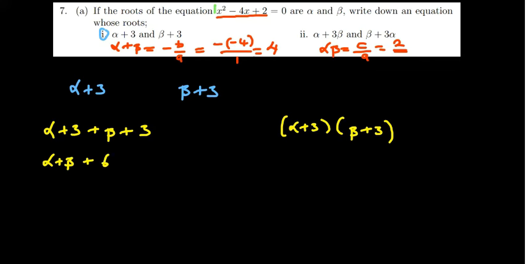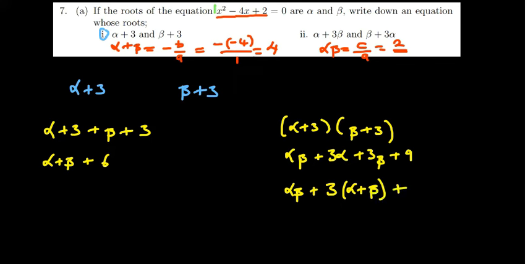So 3 plus 3 is 6. Then on that side, if I multiply, we're going to have alpha beta, and then 3 alpha, 3 beta, plus 9. So I'll factor out the 3 so that we've got alpha plus beta in between, and then plus 9. So we need to find the numerical values of these. What's alpha plus beta?